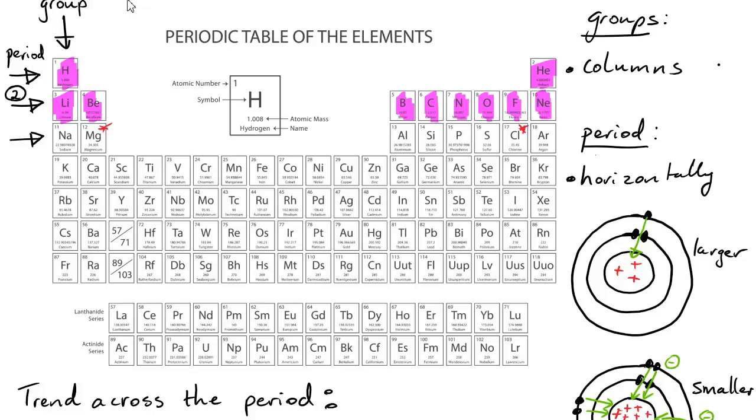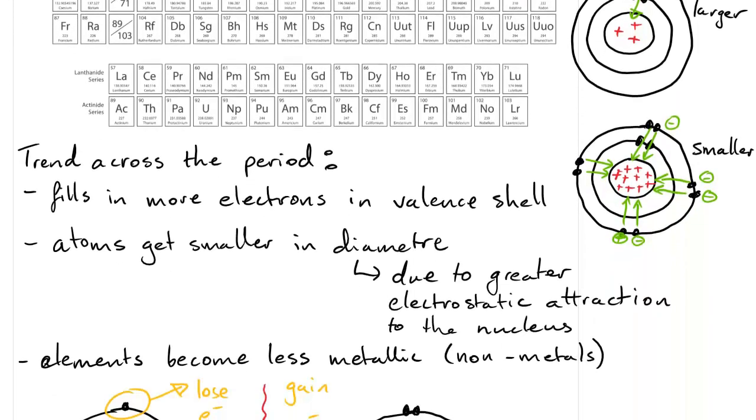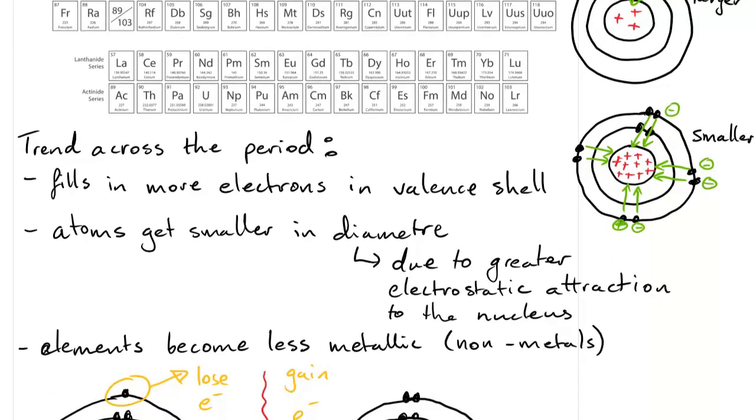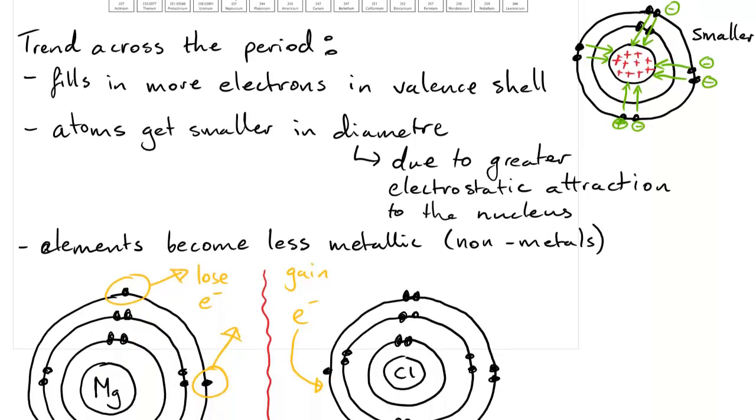And we also understand that magnesium wants to let go of its electrons, so it's more metallic, whereas chlorine wants to gain electrons. So as you go from left to right, the elements become less metallic or more non-metallic. Okay, so that's another very important concept to understand.